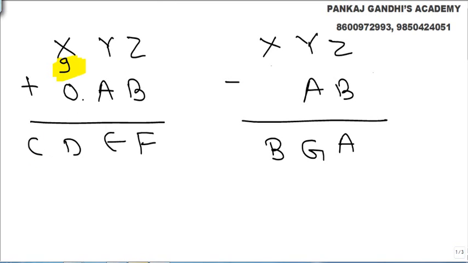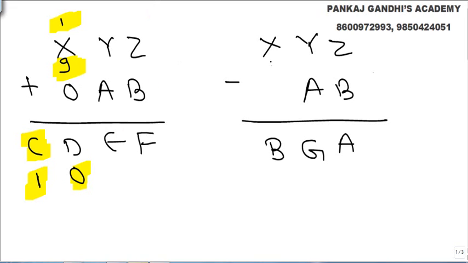The only way I can get carry forward is, there is a carry forward 1 from this side. This summation is more than 10. It goes 1 here. 1 plus 9, 10. This is 0. This has to be 9 plus 1, otherwise we cannot get it.